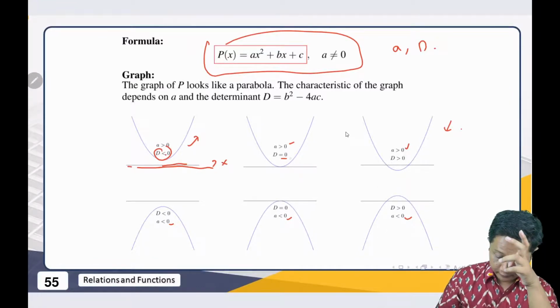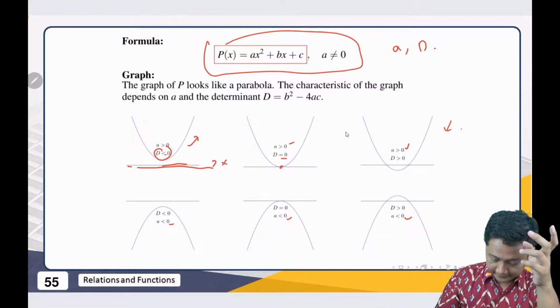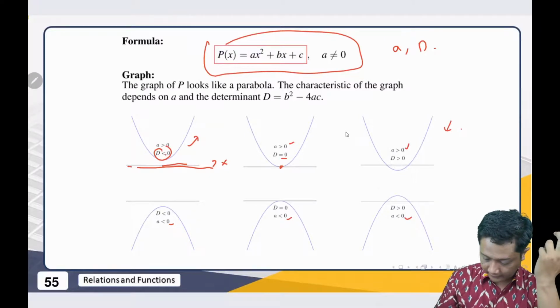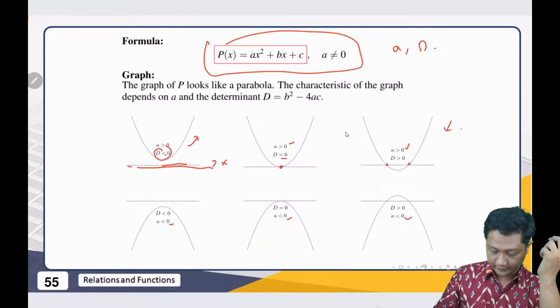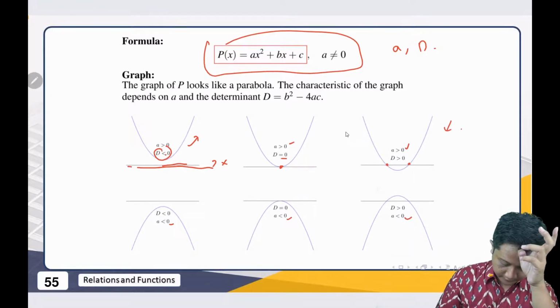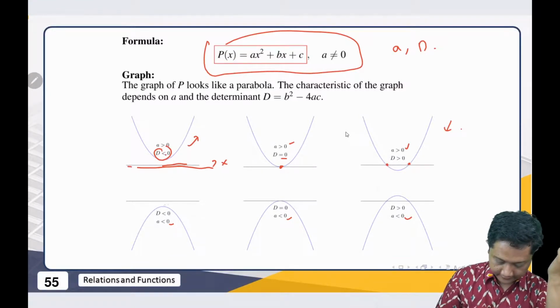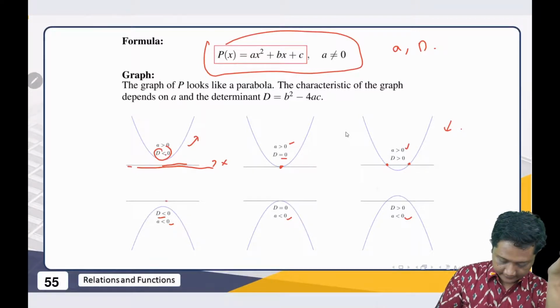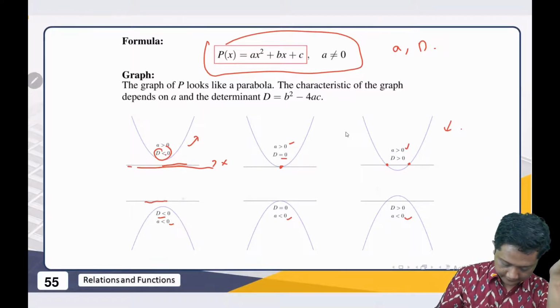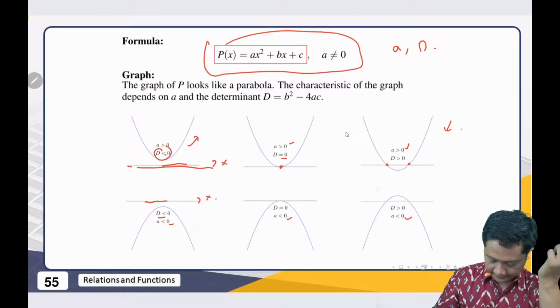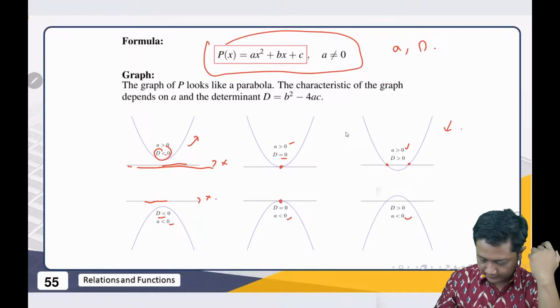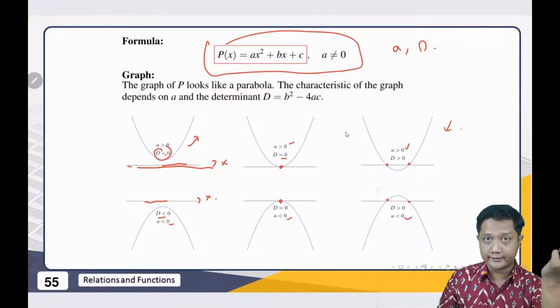And if D is equal to 0, there is exactly 1 point here. And if D is greater than 0, there are 2 points here. That's also the same for the case when a is less than 0. See, D is less than 0, then it does not cut through the x-axis. Then this one exactly 1 point, and this one 2 points.